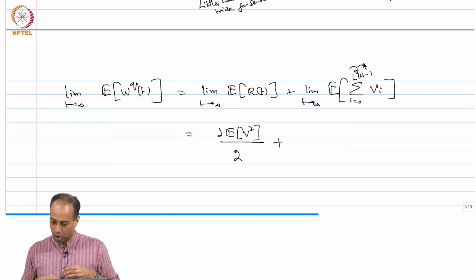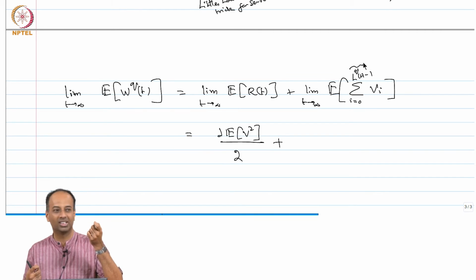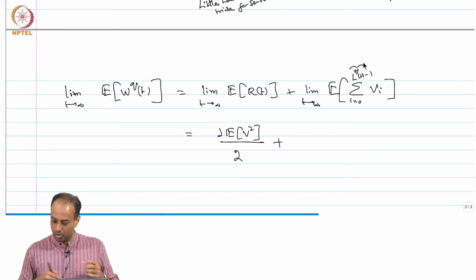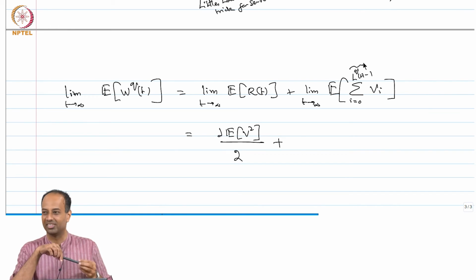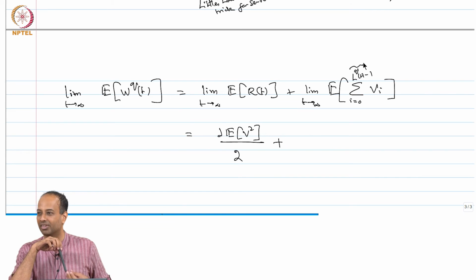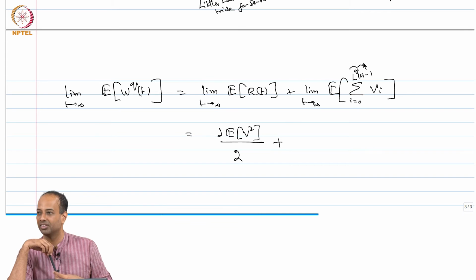So, this is a random sum of a random number of random variables, where the number of random variables you are summing is independent of the Vi. This is even simpler than Wald's, a trivial case of Wald's if you like, where the number of terms you are summing is independent of the Xi's, or in this case Vi's.